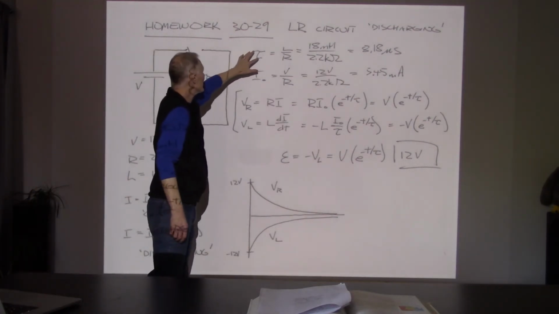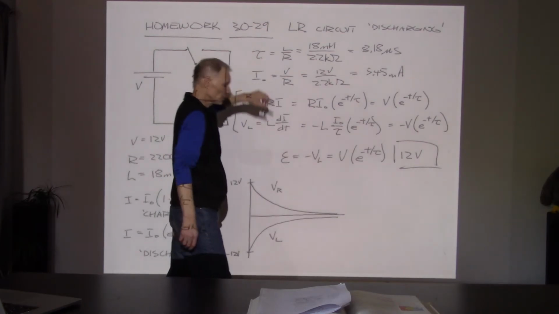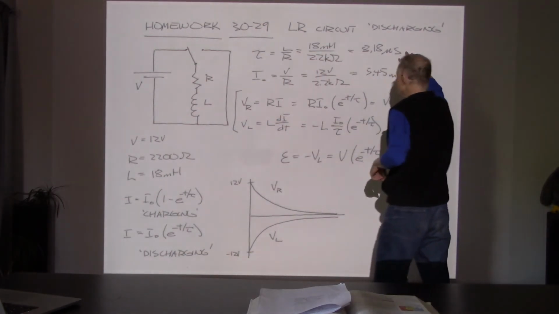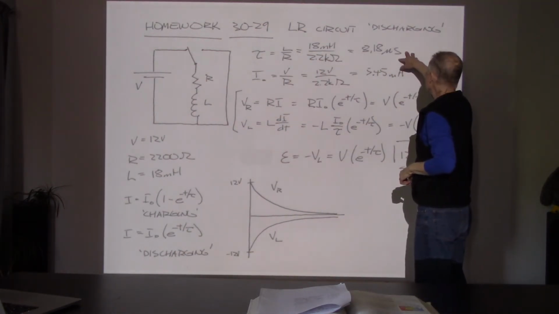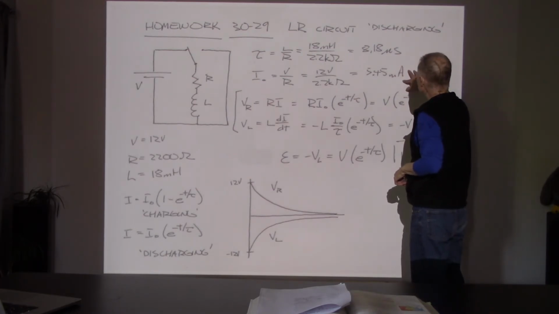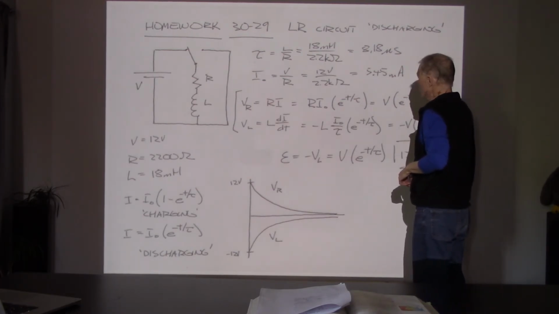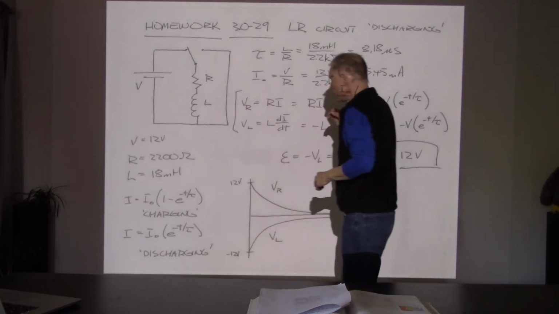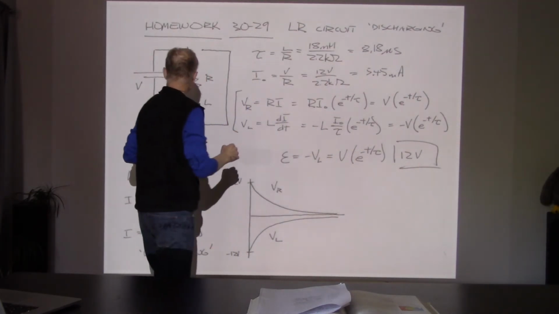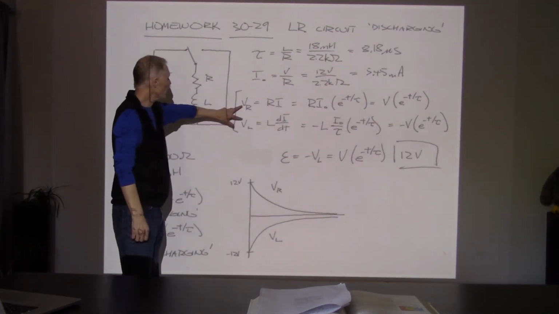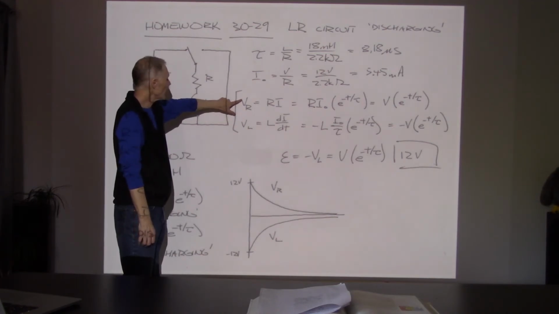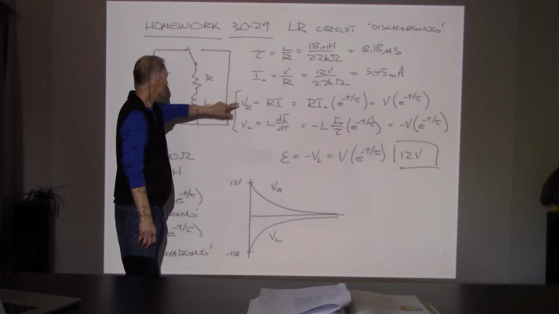So anyway, we used the formula for the time constant. We found out that was really short, 8 microseconds. Here's the current we're starting from. And by knowing, I guess what they wanted in this were formulas for VR, the voltage across the resistors.